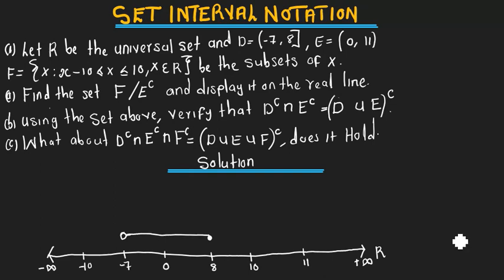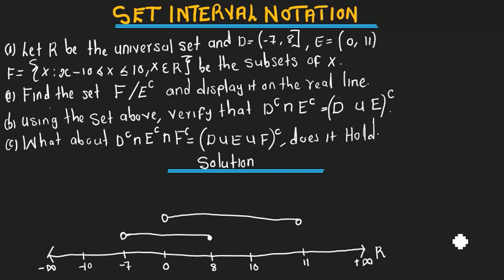Then we go to E. E is a set from 0, but 0 exclusive, so it's going to be an open circle here, and then we are going to have a shaded circle here. So that's going to be an open circle again.